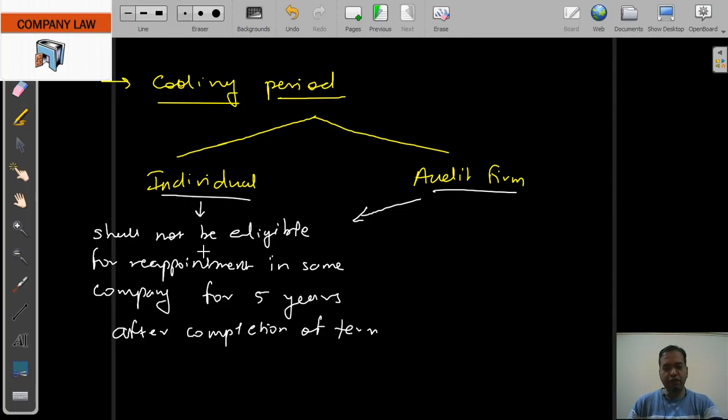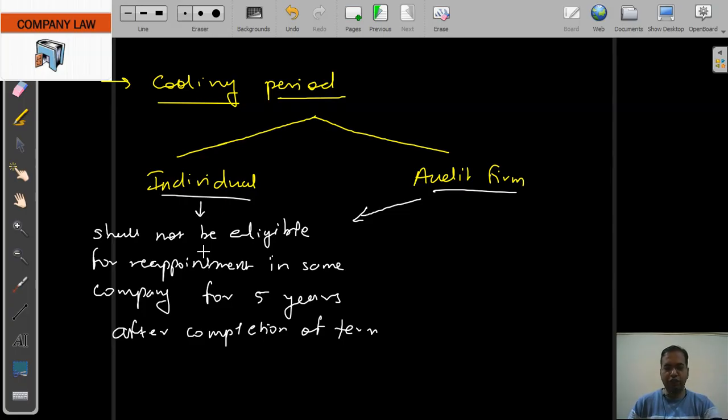Now Reliance wants to appoint the other auditor, XYZ firm. It cannot do so because Mr. B is the common partner between these 2 firms. So this prohibition will be made applicable for the 5 years.